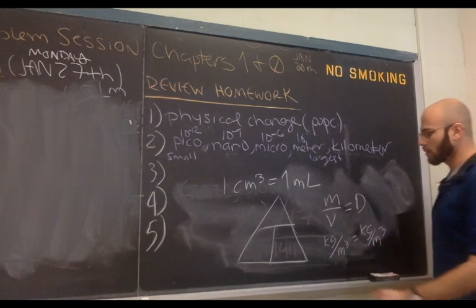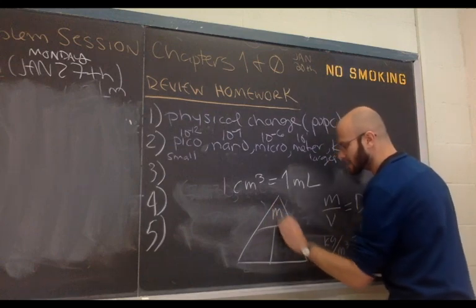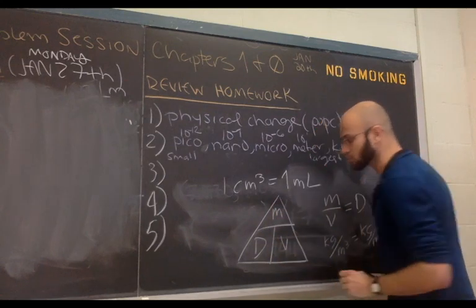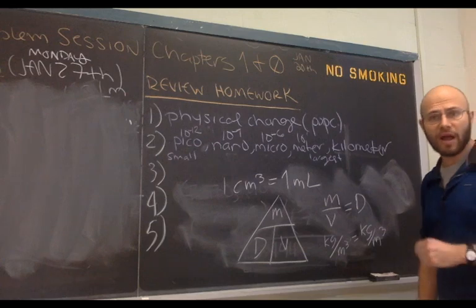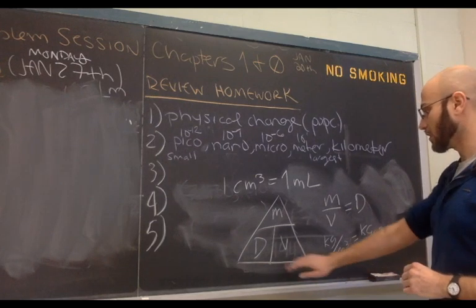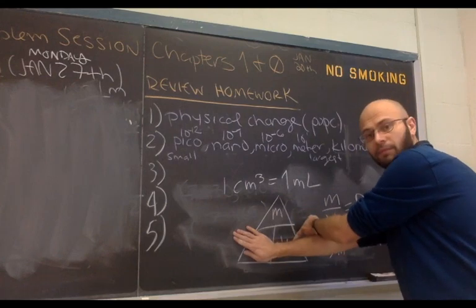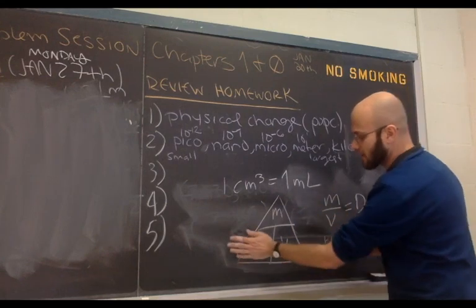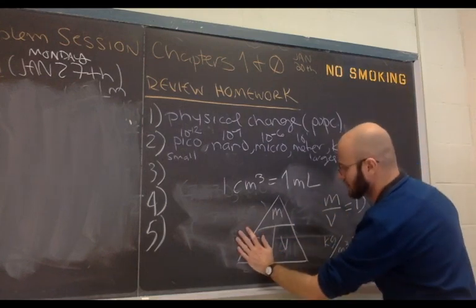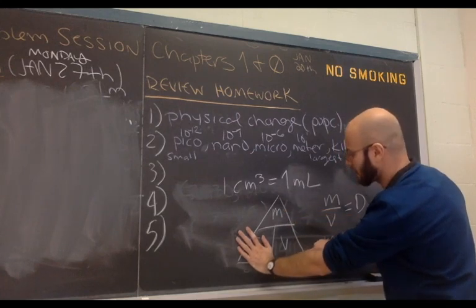Nevertheless, what we find is if we put mass, volume, and density in our triangle, you can always remember how to do these calculations. So look, for example, if you want density, you cover it up, you divide mass by volume. That's really hard to see. So if I cover density, what I want, mass divided by volume.